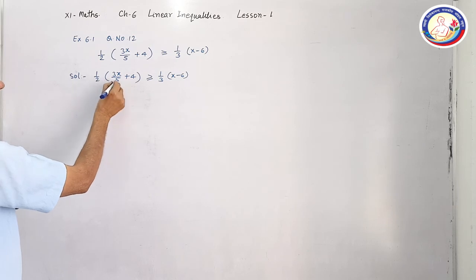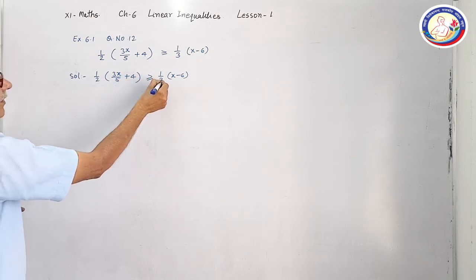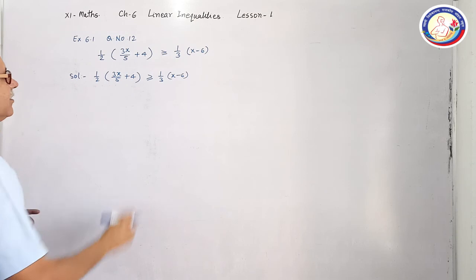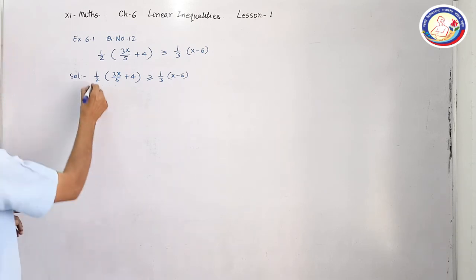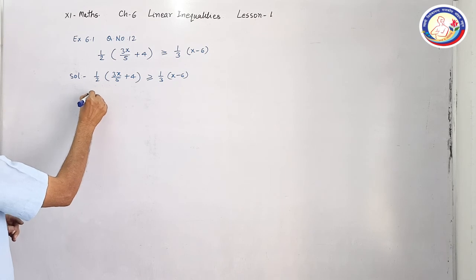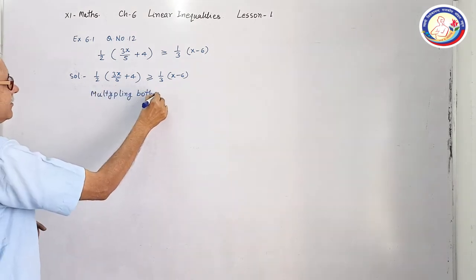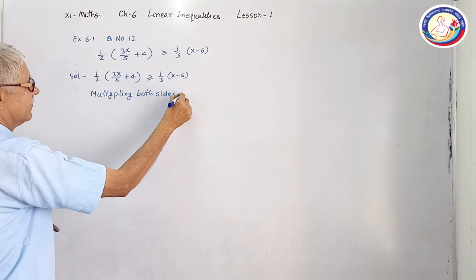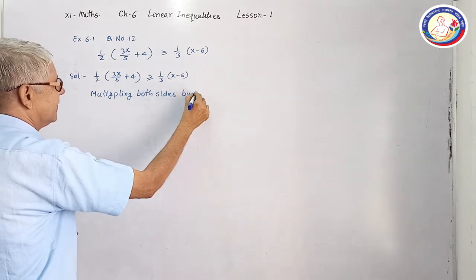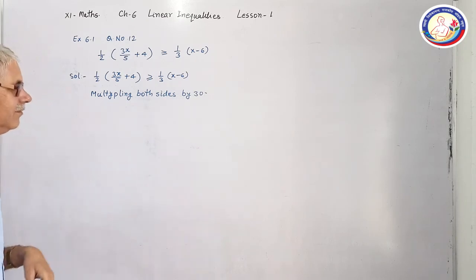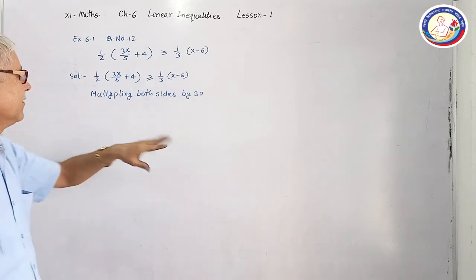Now it is 2 and 5, that is 10, and it is 3. So LCM of 10 and 3 is 30. So multiplying both sides with 30. How did this 30 come?